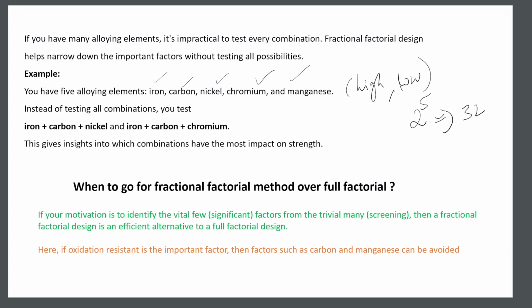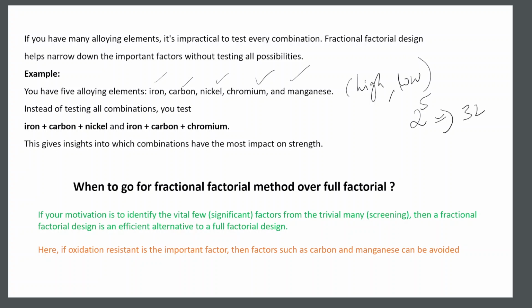In other words, with the same elements, if I want to test for oxidation resistance, the amount of chromium and the amount of nickel have a higher influence on corrosion resistance compared to carbon or manganese.